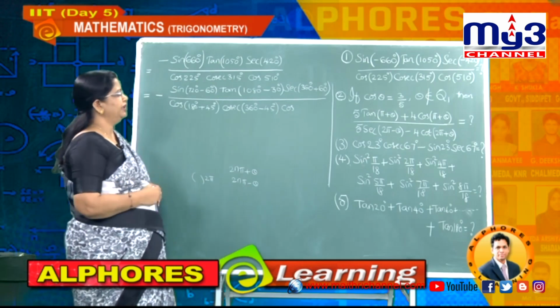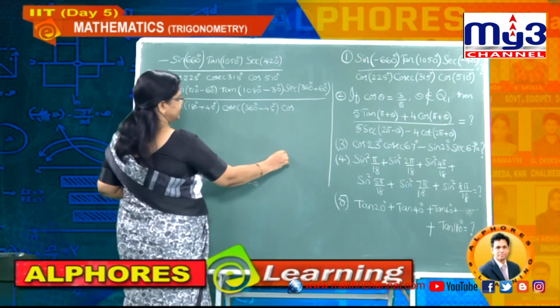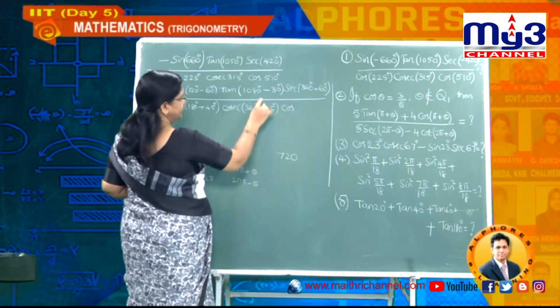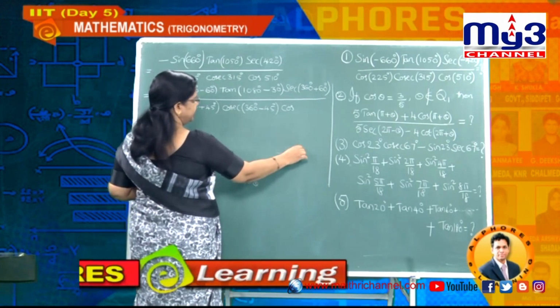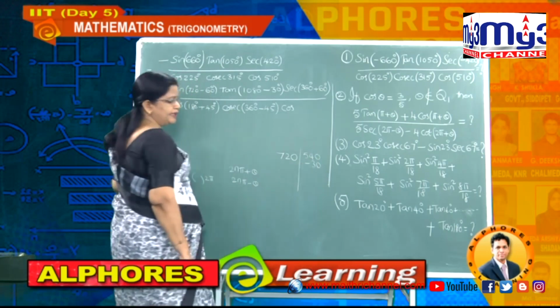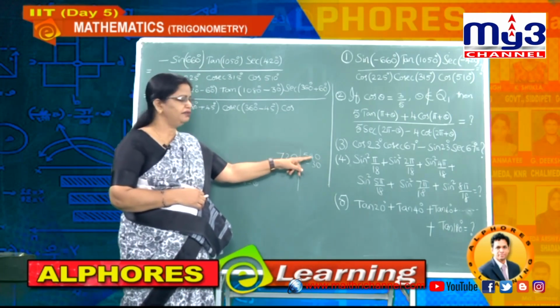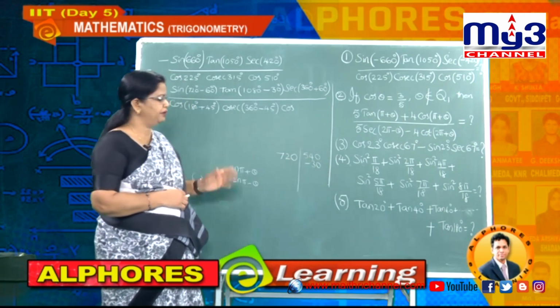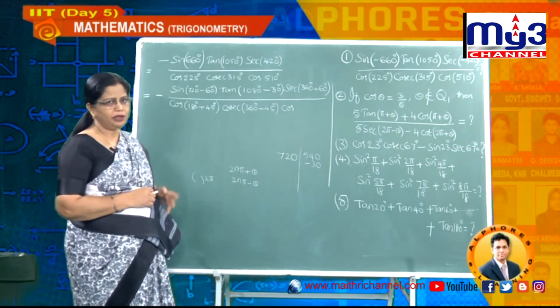Okay. 510 degrees you can write in two ways. One of the ways is 720 minus, what is the value of 510? Or you can write easily 540 minus 30. Understand? 540 is 3 into how much actually? 180 degrees. Therefore 540 is 3 pi, and 3 pi means odd multiple of pi.